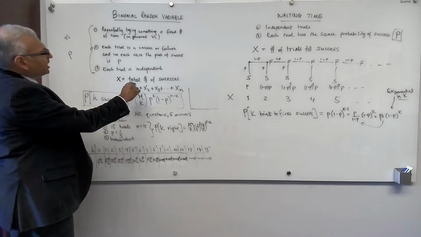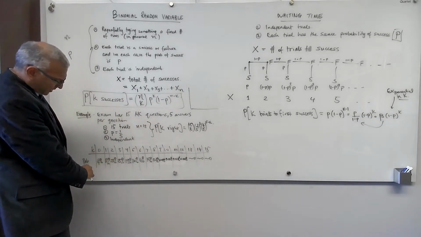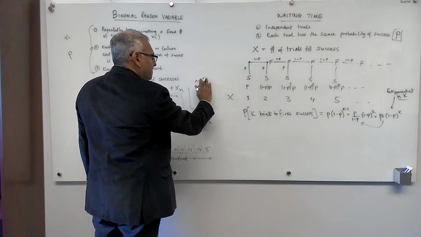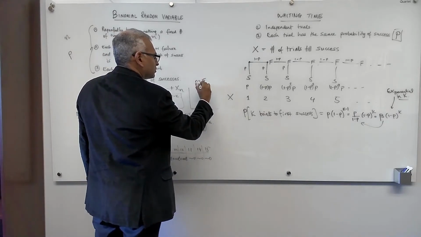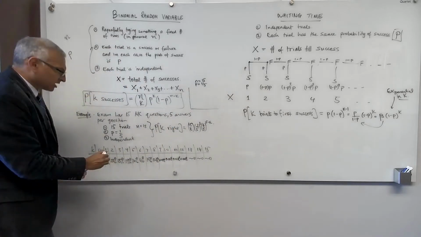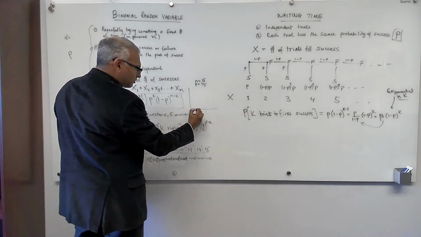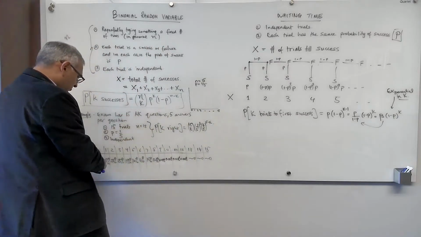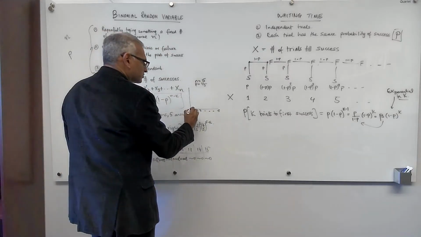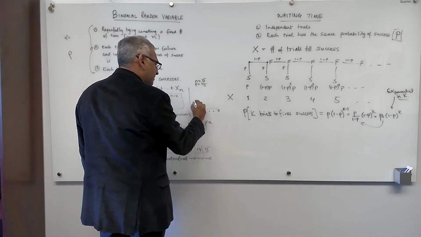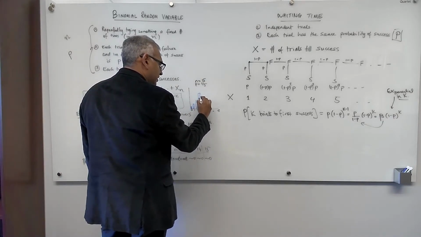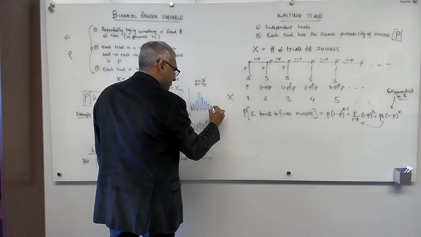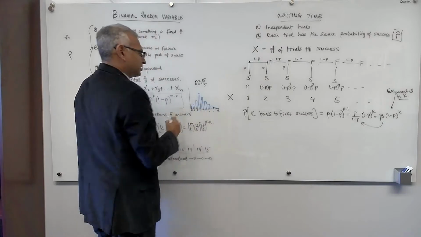So when n equals 15 and p equals 1/5, we see that the peak is at 3. So the possible values are 0, 1, 2, 3, up to 15. And the distribution is rising up to 3, and then it starts coming down, and basically hits 0.